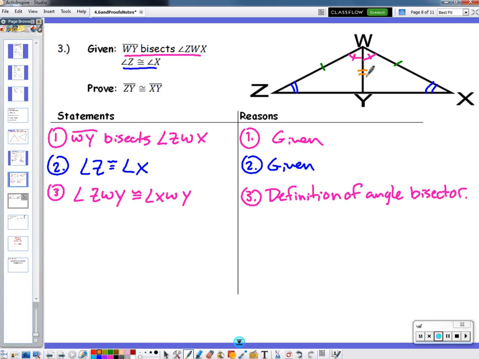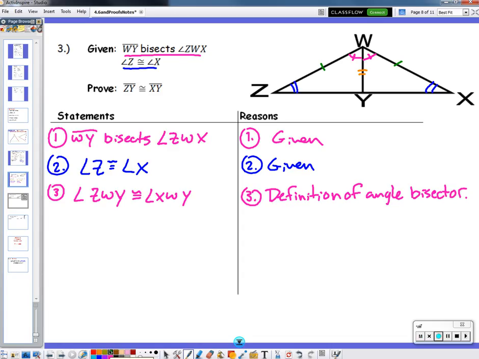Or you could have been like some students that I walked around, and I saw that they shared this segment, both triangles, 2 of the smaller triangles, shared this segment WY, so WY would be congruent to WY because of the reflexive property. So on step 4, I have 2 options. I can use the base angle theorem, or I can use the reflexive property. It really doesn't matter which one you choose.